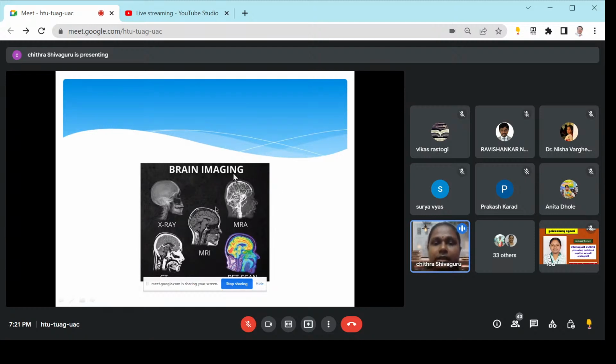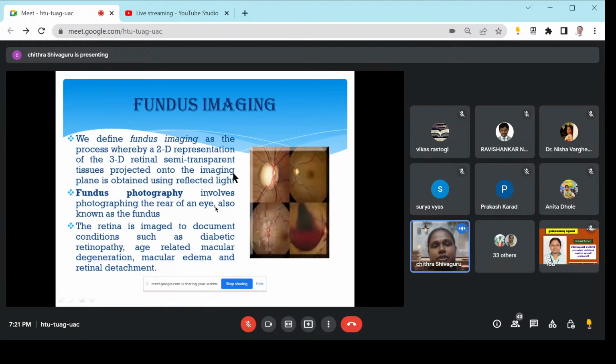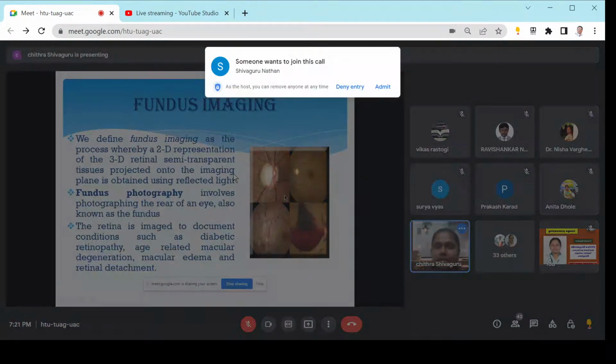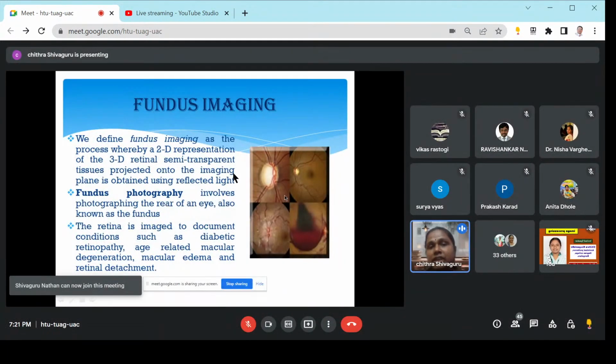The next one is fundus imaging. From the figure you can conclude that it is something related to the eye. It involves photographing the rear of an eye.